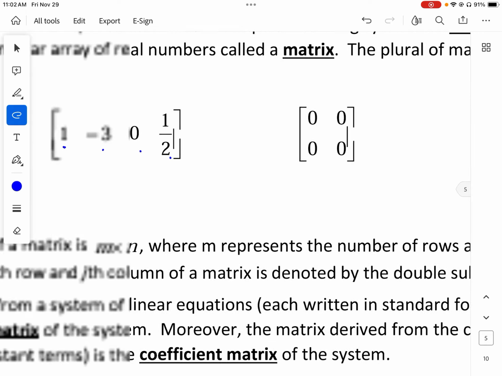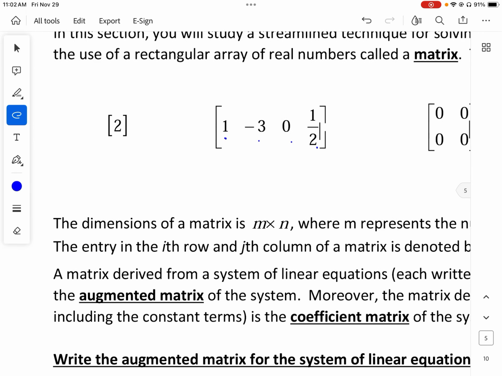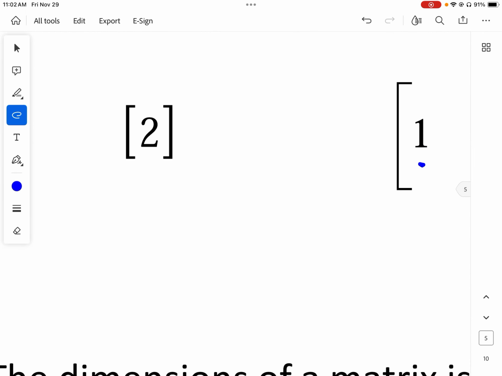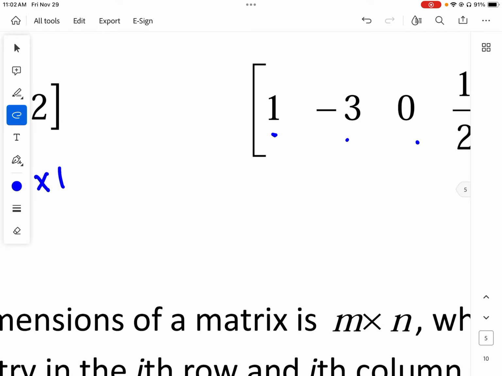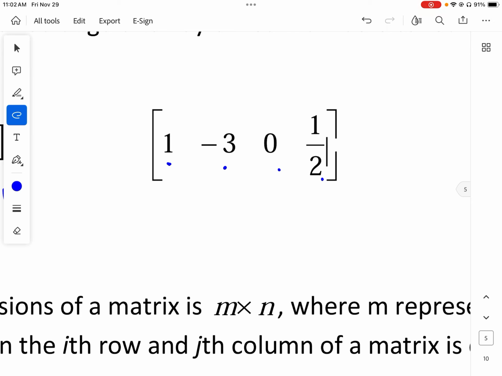The way we name these is by how many rows and columns. This would be one row, one column, so a 1 by 1. This one has 1 row, but we have 4 columns. So it's row by column, a 1 by 4.